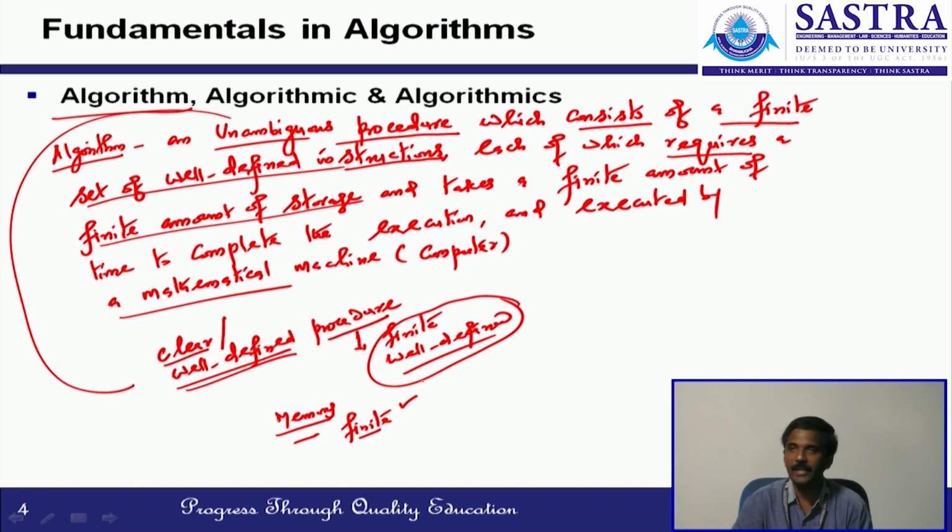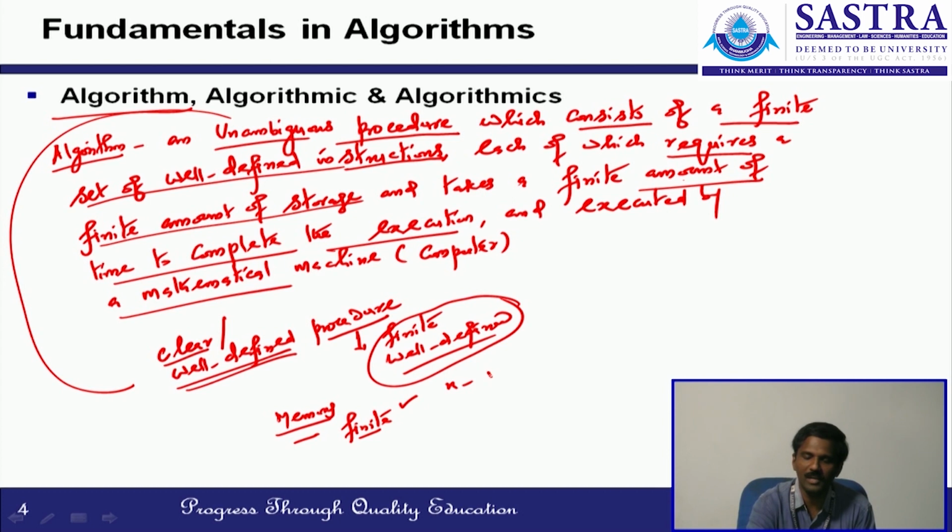Since a finite number of well-defined instructions are there, they require a finite amount of storage in the system, and it takes a finite amount of time to complete the execution. Having n number of well-defined instructions, how much time is required to complete their execution?